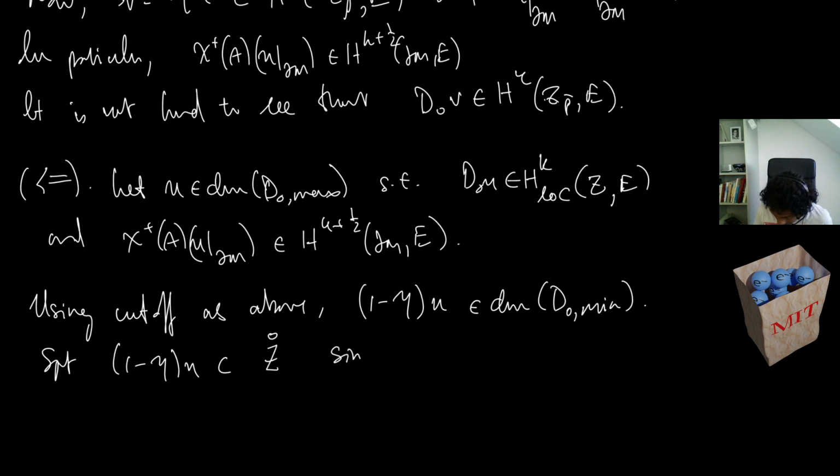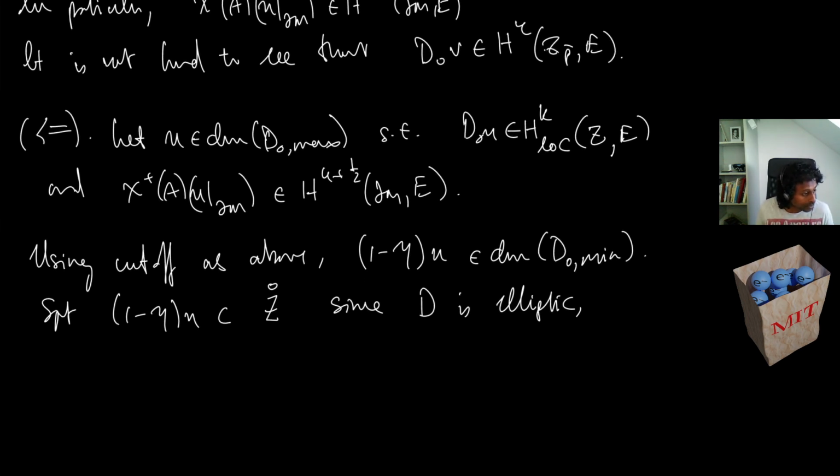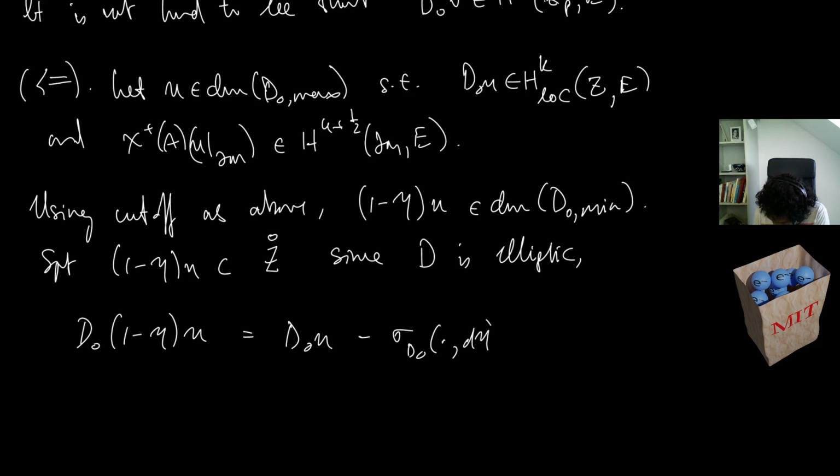And since D is elliptic, we have D_0((1 minus η)u) is equal to D_0 u minus [D_0, η]u minus η D_0 u, and this is all in H^k_loc.